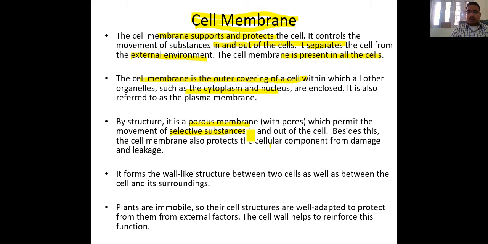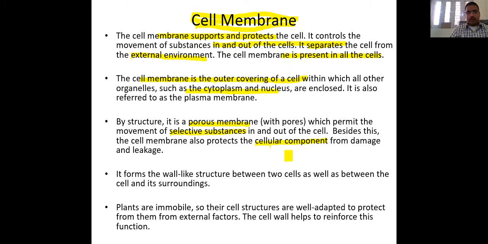Besides this, the cell membrane also protects the cellular components from damage and leakage. The cellular components mean all the cell organelles present in this cell structure. All these things are protected by the cell membrane from damage and leakage, so that they perform their work properly.